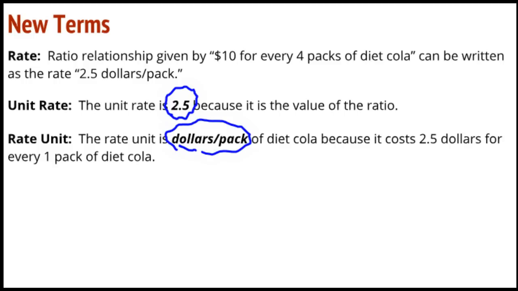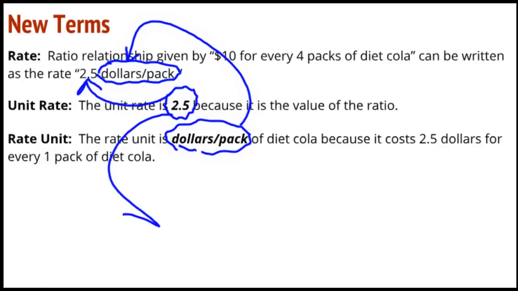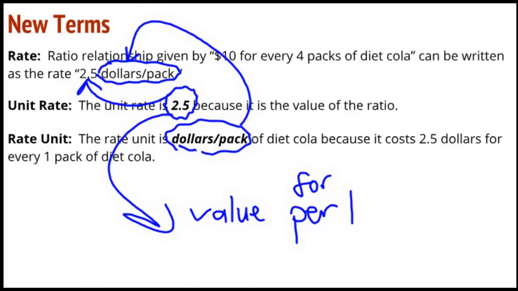So here we have the unit rate as the value, and we have the dollars per pack as the rate unit. So the unit rate is the value, the rate unit is the label, and as we talk about the value, it's important that we understand it is the value, and we're doing it having the value be per 1 or for 1.